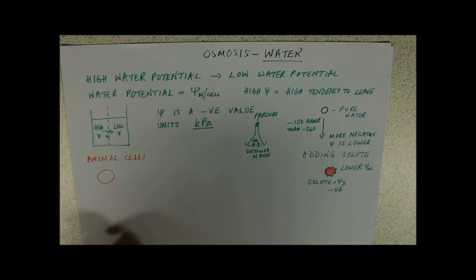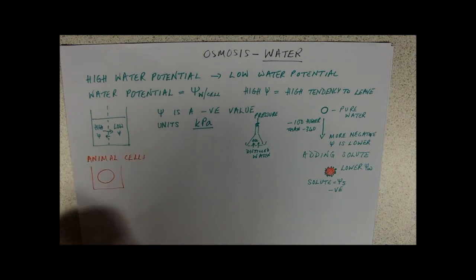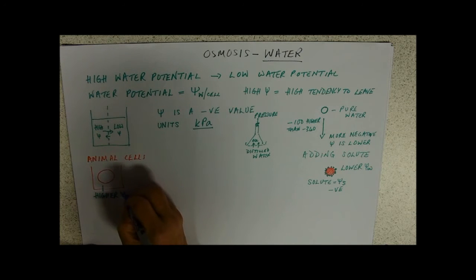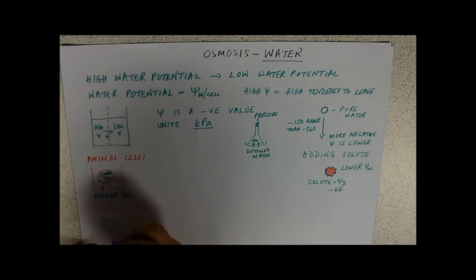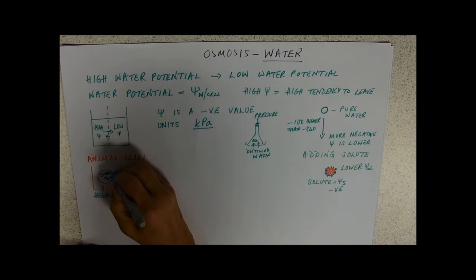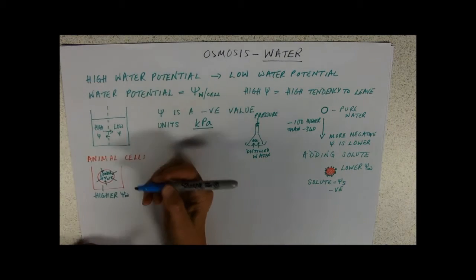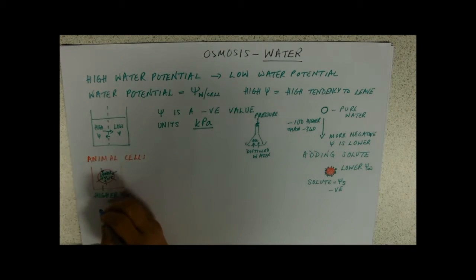So if we put an animal cell into a solution that has a higher water potential, so this means that the one inside has a lower water potential than the outside, the net movement of water will go in. In red blood cells, which you know are donut shaped, they entertainingly expand to balloon shaped, and then they burst.